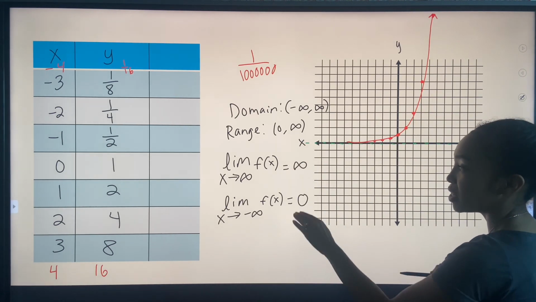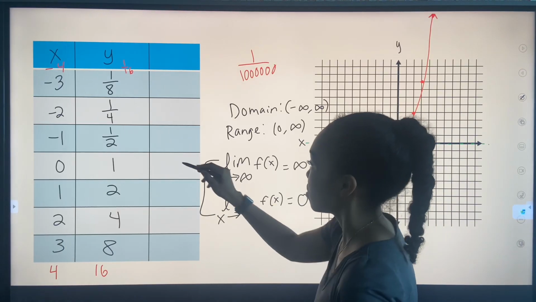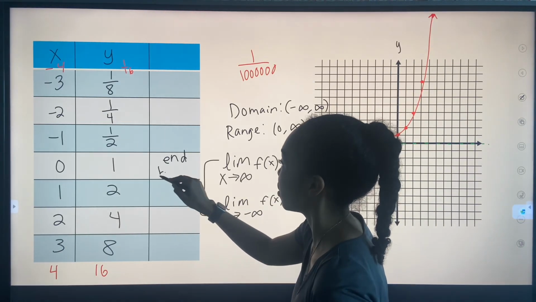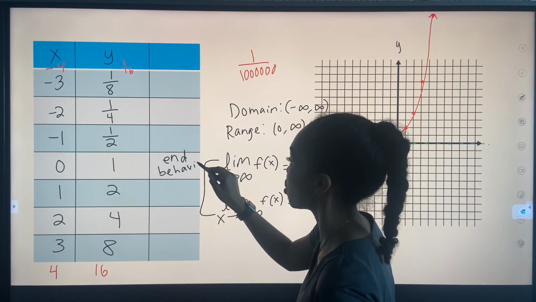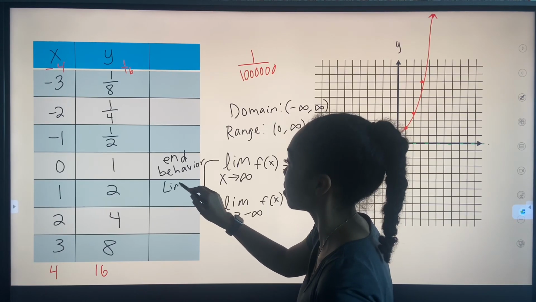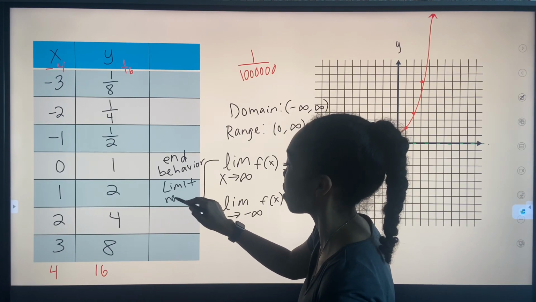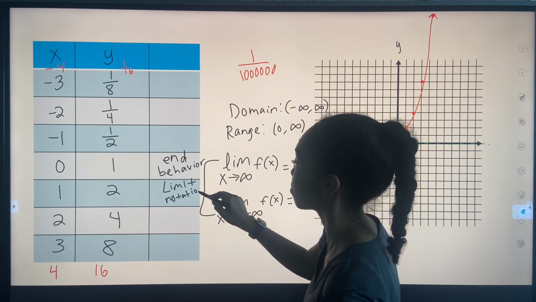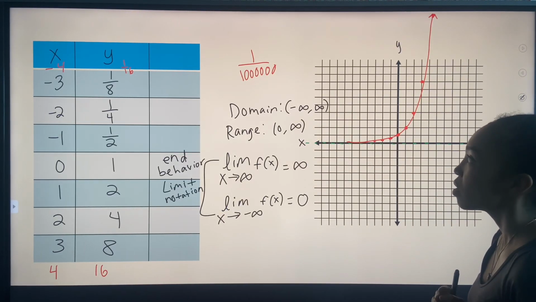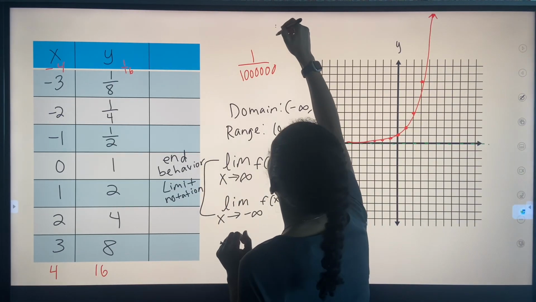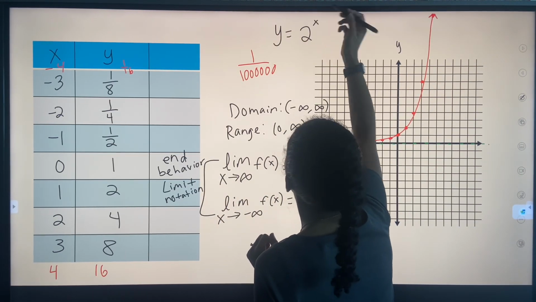So those are your end behaviors. So this is called your end behavior. And what I showed is limit notation. That's how we wrote our end behaviors. Okay? Okay, so this was for the graph y equals 2 to the power of x.